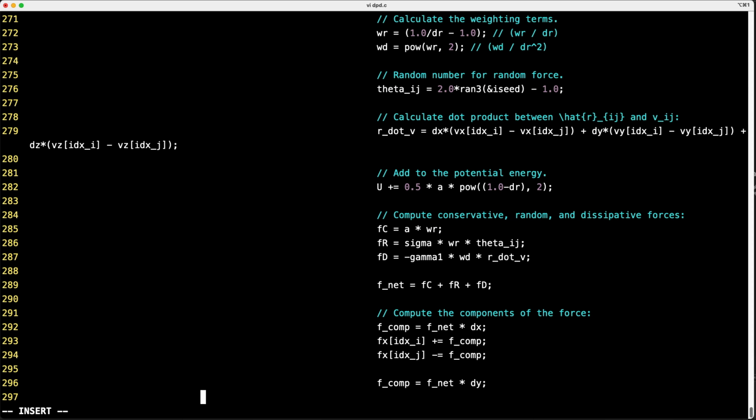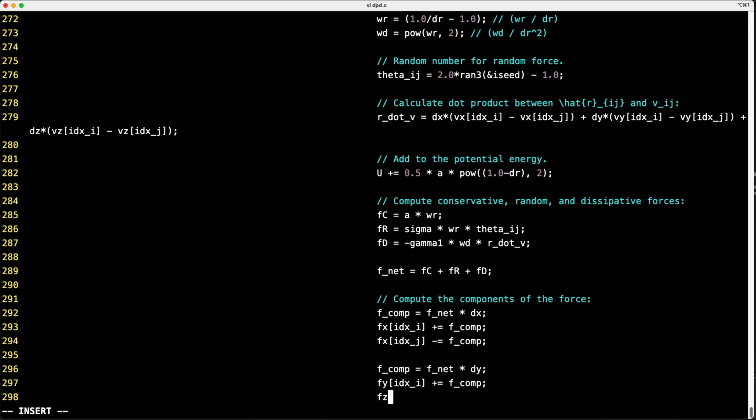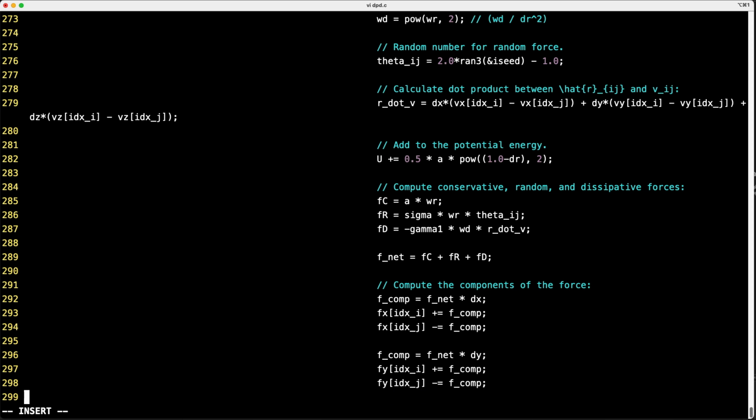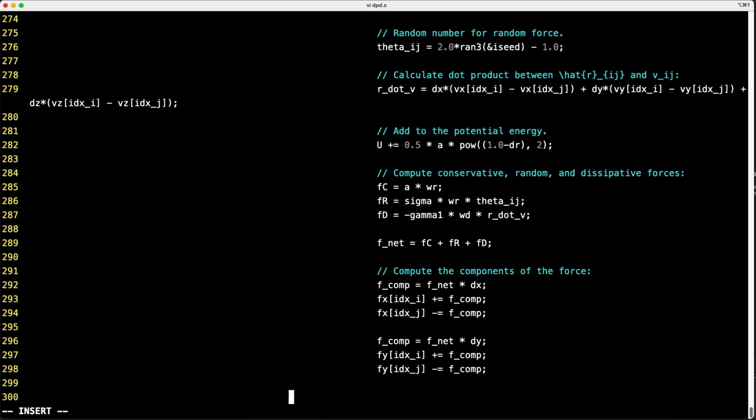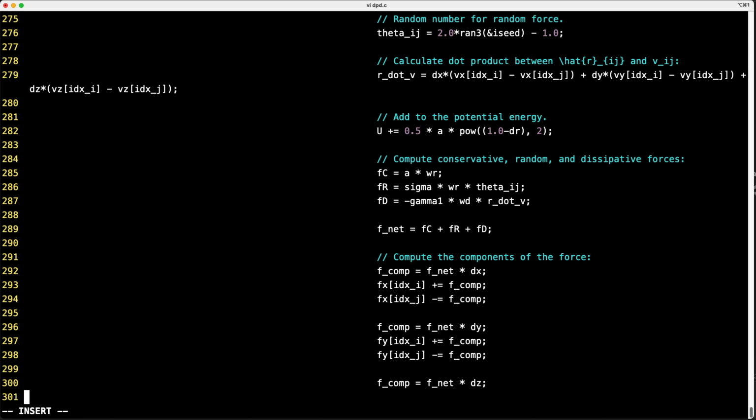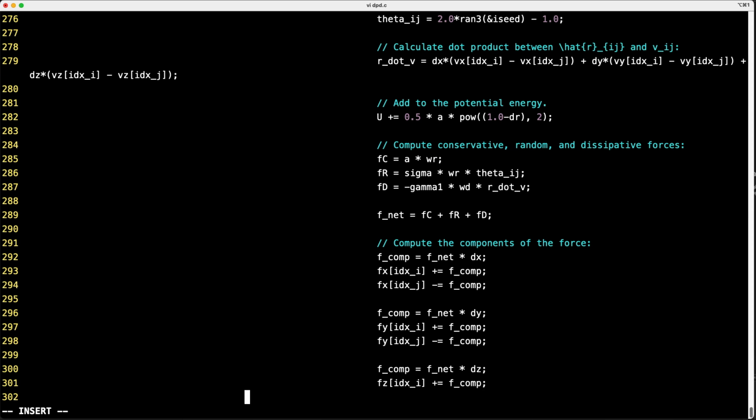Okay, now we've got the y component of the force, so the y component goes into those arrays. And we can do it for the z components. So f net times dz, fz plus equals f comp, and minus.